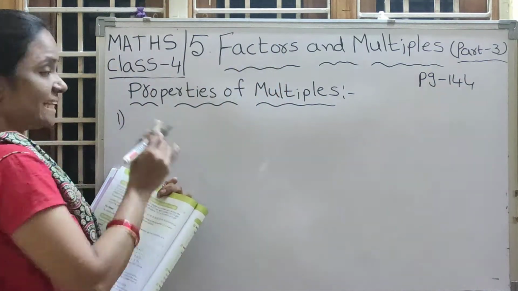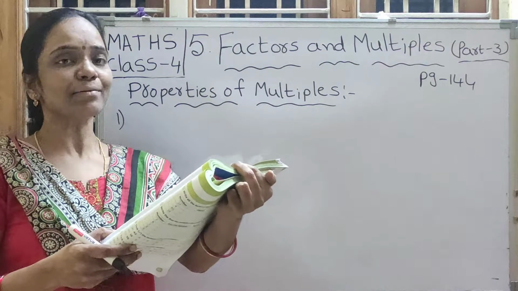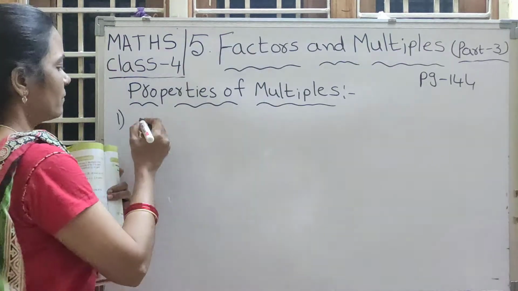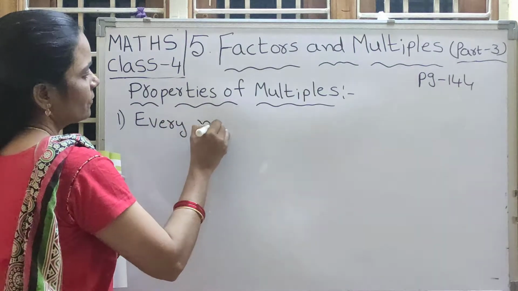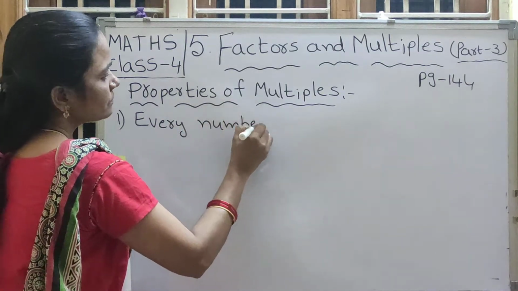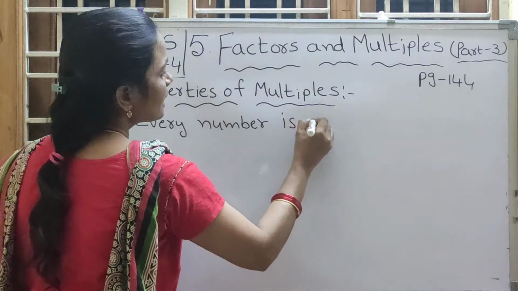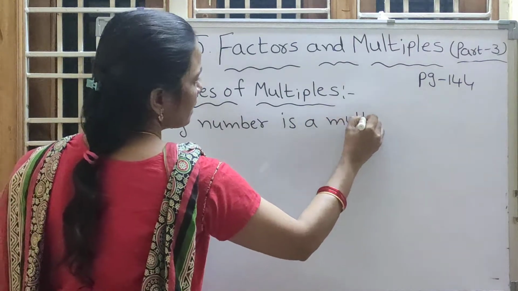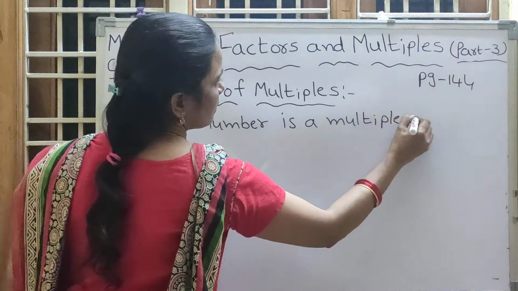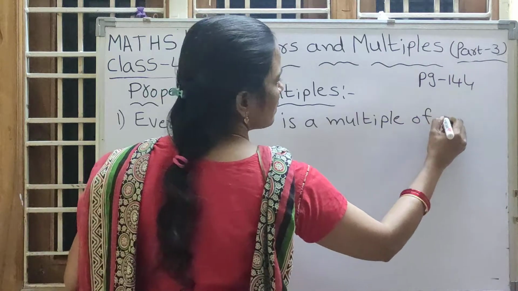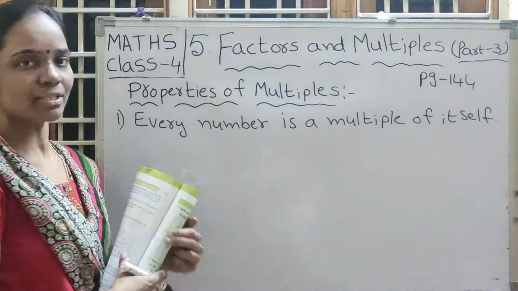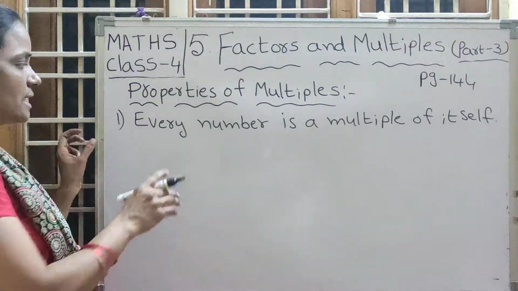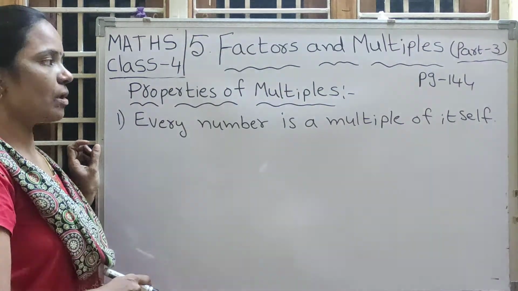The first one is every number is a multiple of itself. What is the first property, children? Every number is a multiple of itself.